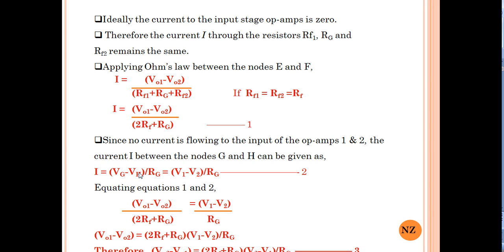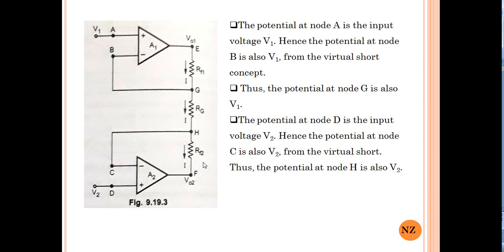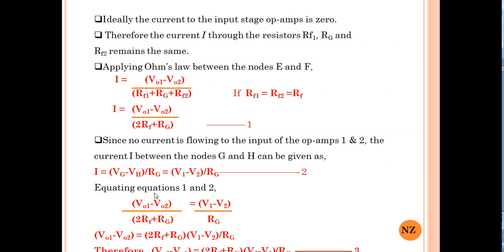Vg and Vh are nothing but V1 and V2. As you can see in this figure, node voltage Vg is equal to Vb, and Vb is equal to V1. Similarly, the node voltage Vh is equal to Vc, the node voltage at C, which is equal to V2. So we can substitute Vg and Vh as V1 and V2 divided by Rg. This is the current value through the resistance Rg.